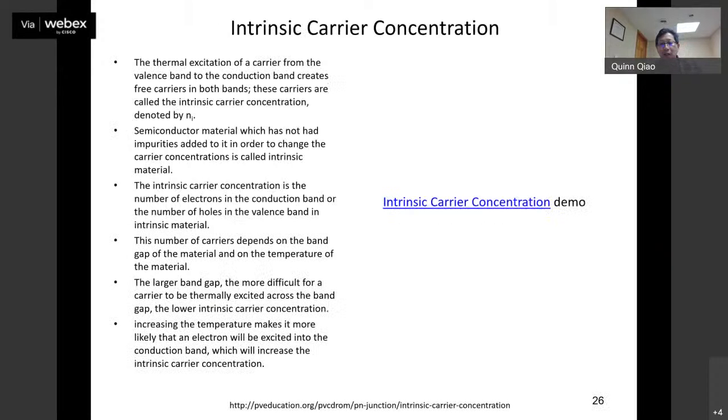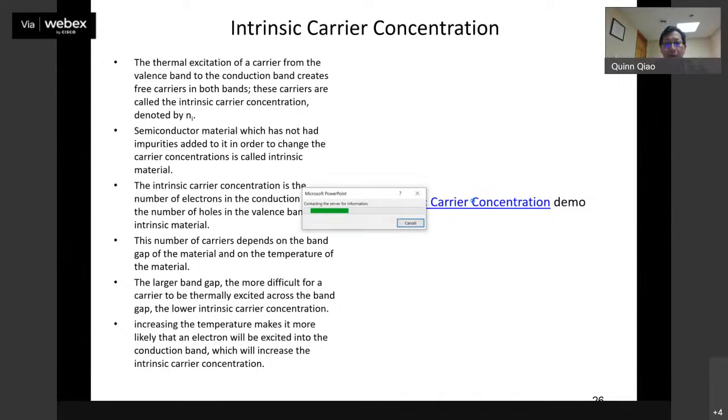Now let's see if I can show a demo here. A demo for intrinsic carrier density. Okay, looks like I cannot open it. What can I do?